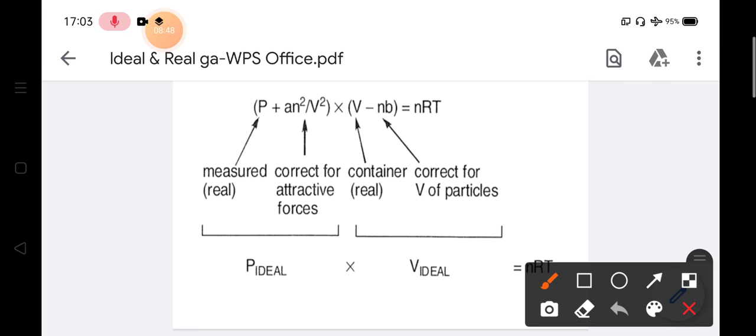So a and b, you can see, are the new terms. If we omit these two terms, then what will we get?